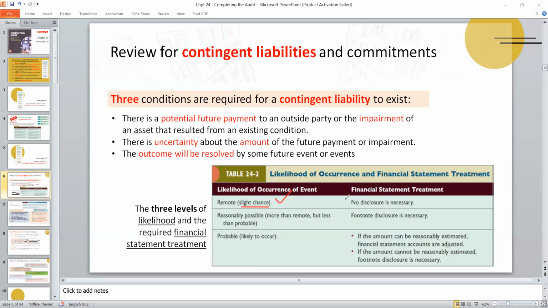If the level is remote, we don't treat our financial statements. There is no disclosure for this matter.